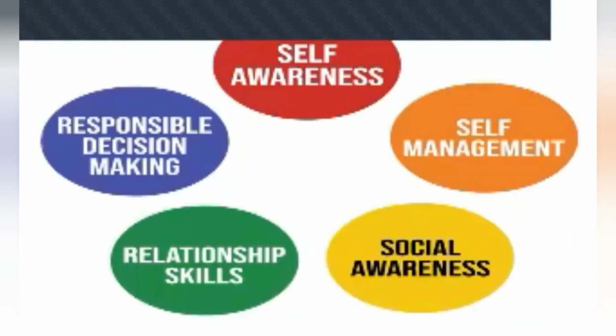So these are the 5 core competencies which we are trying to develop among students: self-awareness, self-management, social awareness, relationship skills, responsible decision making. So when you are preparing competency-based test item writing, we need to see whether we are touching upon any one or more than one of these 5 core competencies.